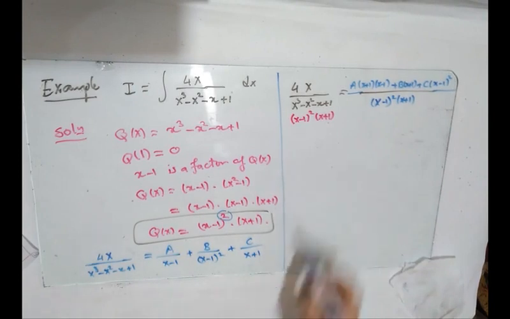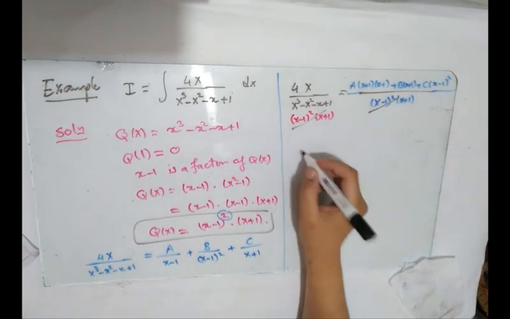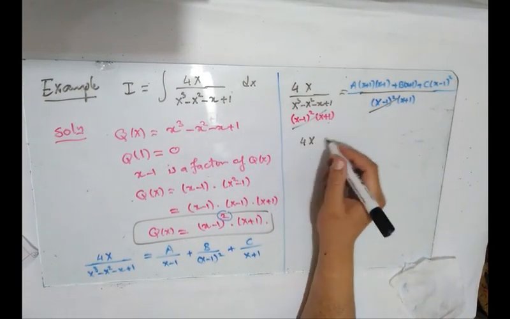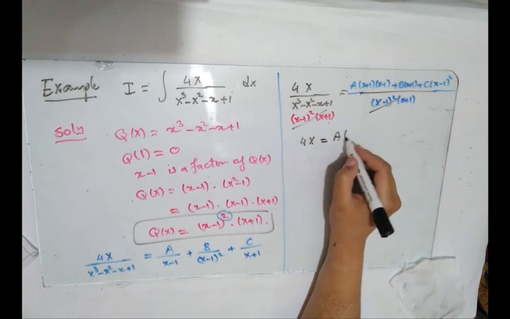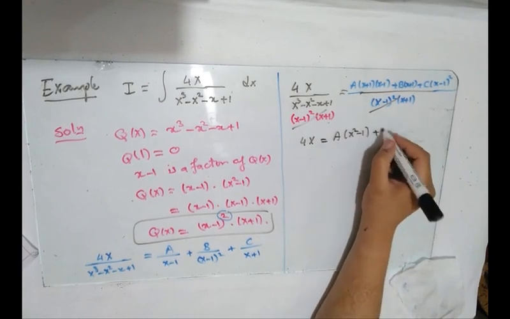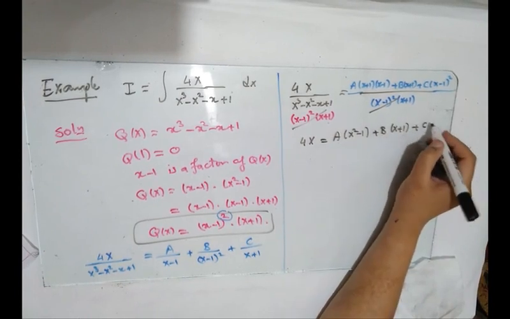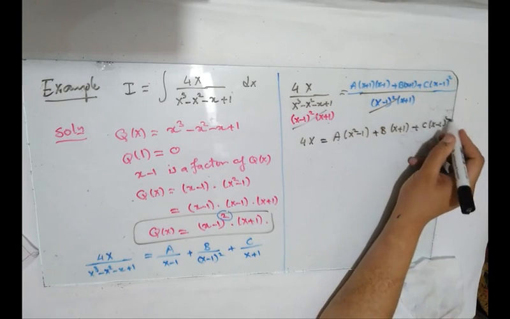Now you can cancel these two denominators, so you will get 4x equals a times (x squared minus 1) plus b times (x plus 1) plus c times (x minus 1) squared.